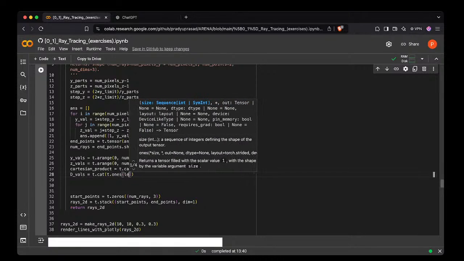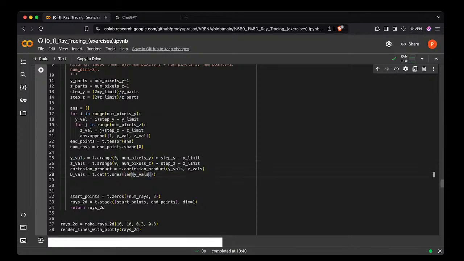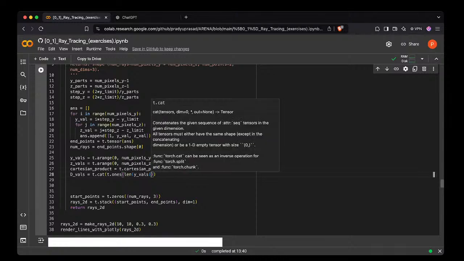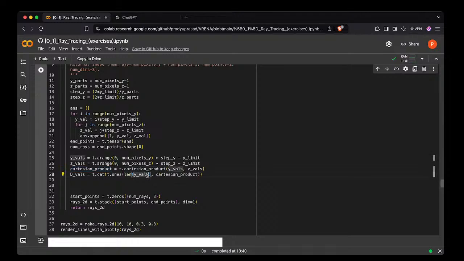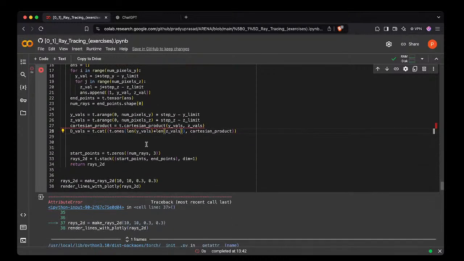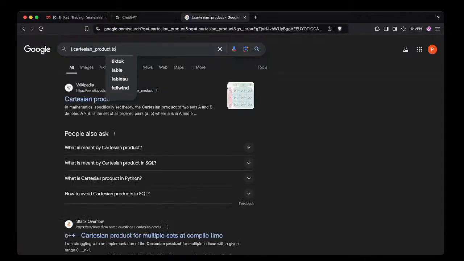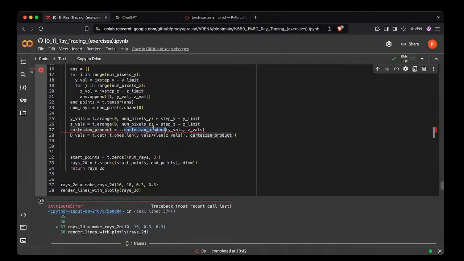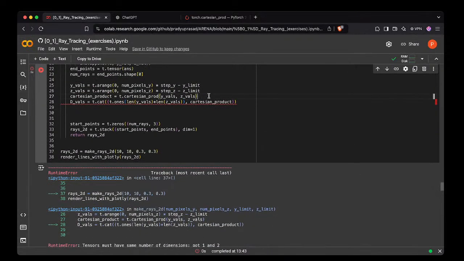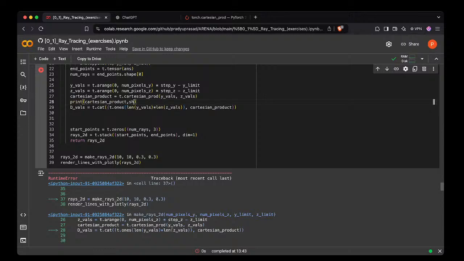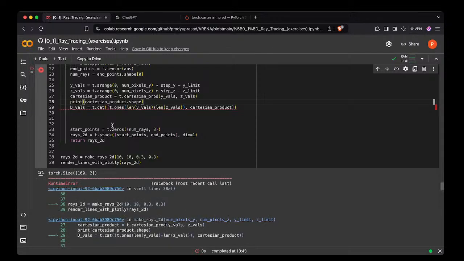d.ones. No, shit, we'll close it here. Cartesian plots are quite annoying. Dot shape, 100, 2, correct.